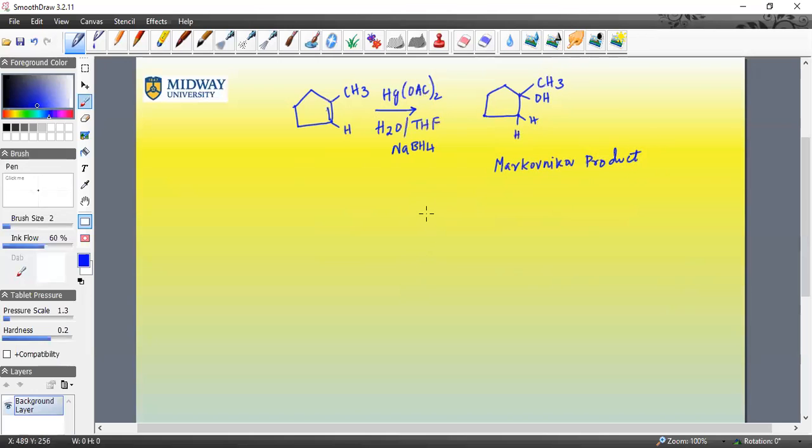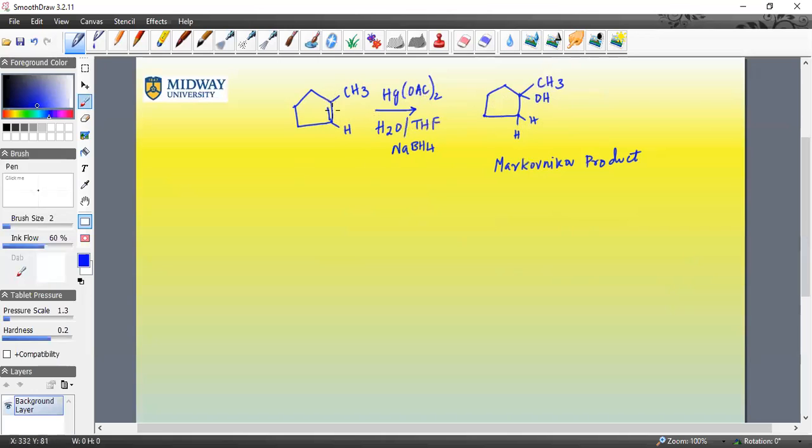Well, basically, if you look at the mechanism, or even before we look at the mechanism, the OH group, which is your hydroxy group, gets added to the side that contains the least hydrogen, and the hydrogen gets added to the side that already contains more hydrogen.